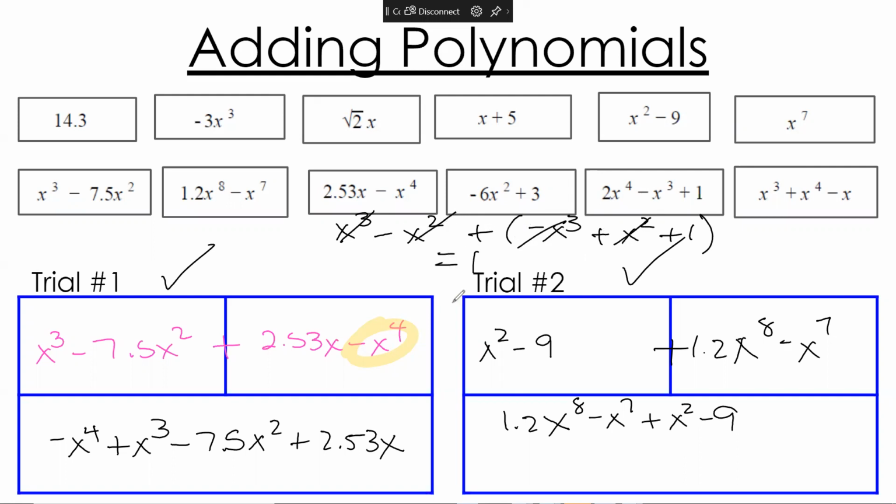Is that a polynomial? No. So does this always work? No. So it does work in some instances, but not always. And our question asked, does this always work? So not always. Okay, let's go ahead and look at subtraction.